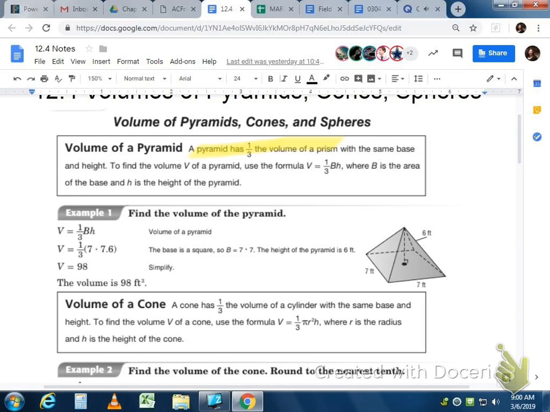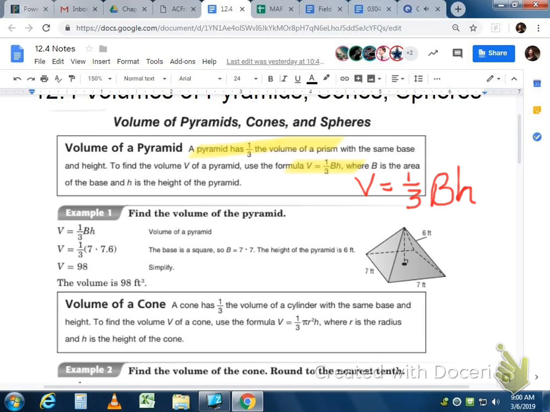To find the volume of a pyramid, this is the formula you will be using. So again, the volume is 1/3 times the area of the base, that's why it's capital B, and then the height of the pyramid.